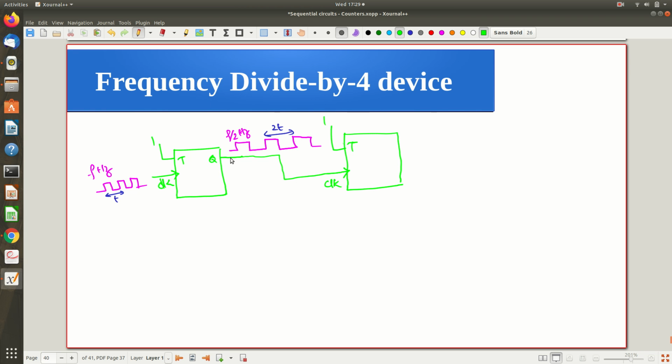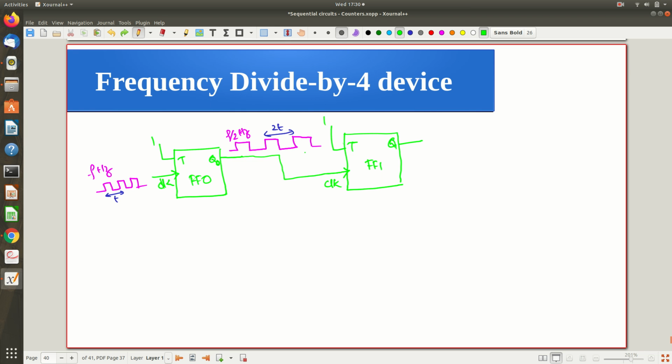This is my T flip flop 0, and this is my T flip flop 1. This is the output Q0, and this Q0 I am connecting as the input clock for the second one. Now tell me, what is your Q1? It's interesting, right? Don't think about the whole circuit. Just look at this single T flip flop only.